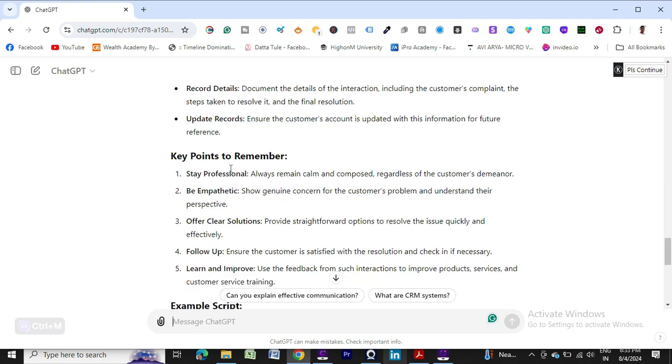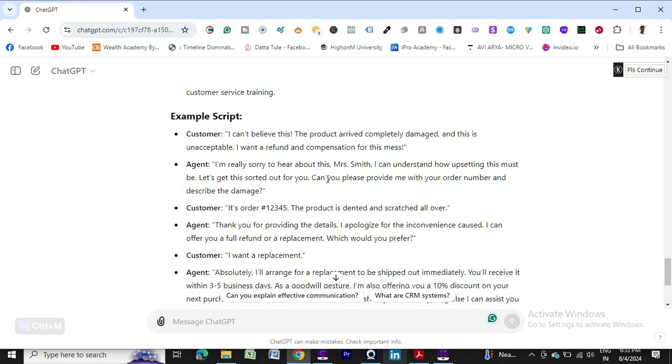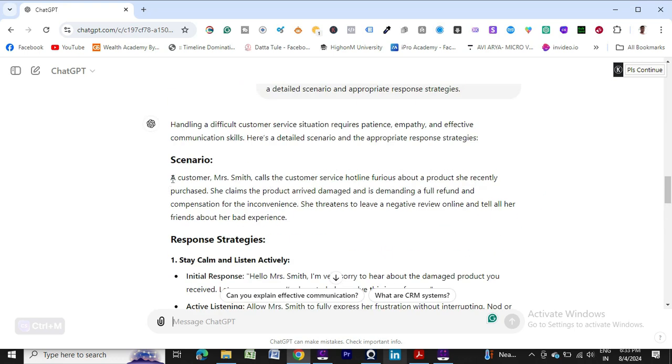An example script is also given, so the conversation should be like this. This scenario was created by ChatGPT only. You can provide your own scenario and ask ChatGPT how we can solve it, and it will provide a customer service solution.